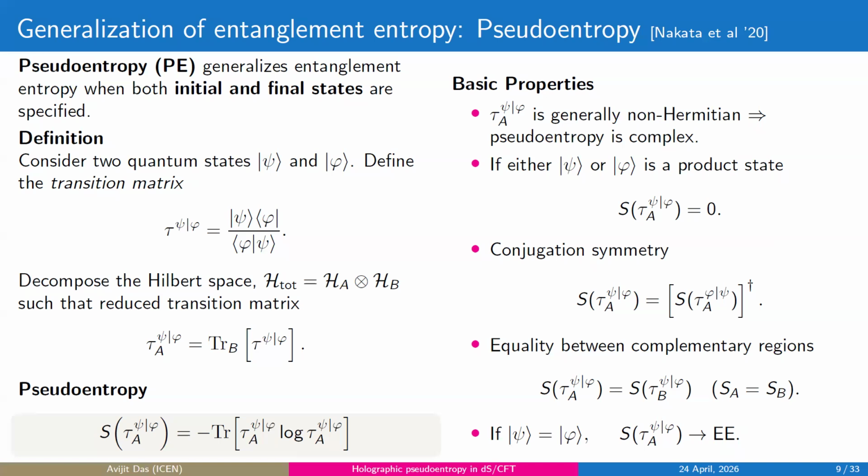You can use it for any kind of system if you have two states. It can be discrete, quantum field theoretic, or another kind of system. What you need basically is that these two states are non-orthogonal. If they are orthogonal, then this will become 0, right? So then it will be undefined or not well defined. That's why, if they are non-orthogonal, you can define this transition matrix. There is no problem.